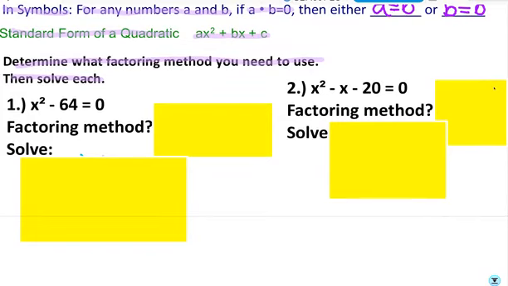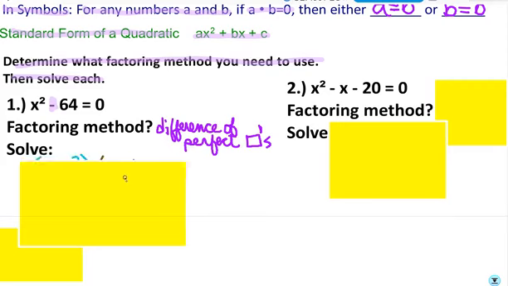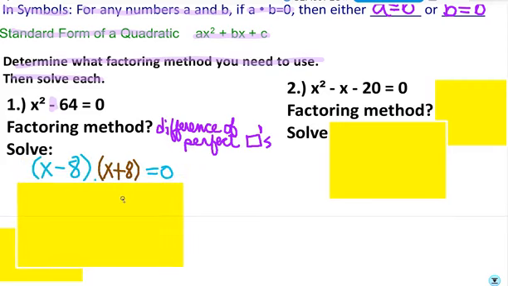So I'm looking at number 1. It's x squared minus 64. You might recognize that from Thursday's lesson as being a difference of perfect squares. In a difference of perfect squares, I'm able to take a square root of x squared and a square root of 64, and if there is a negative term between the x squared and the 64, that tells me the factoring is first to take the square root of x squared to get x.